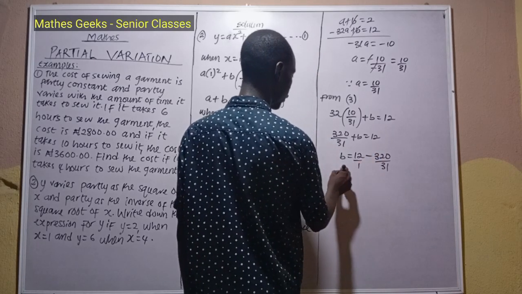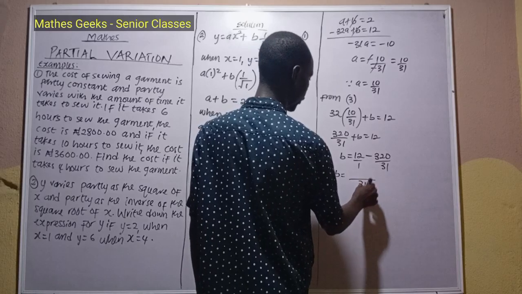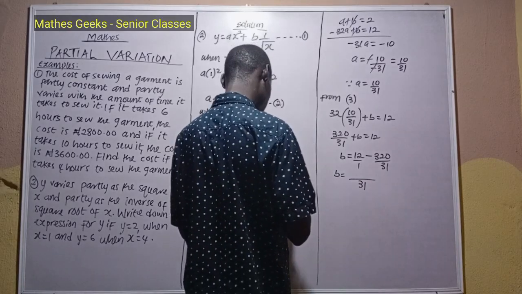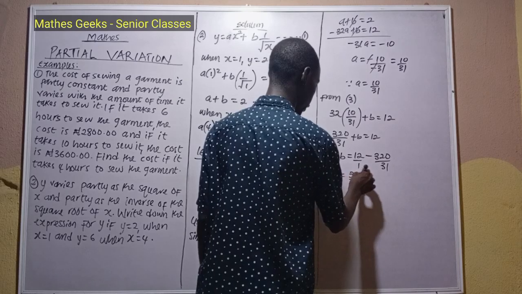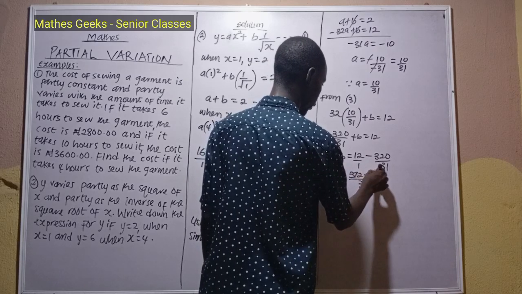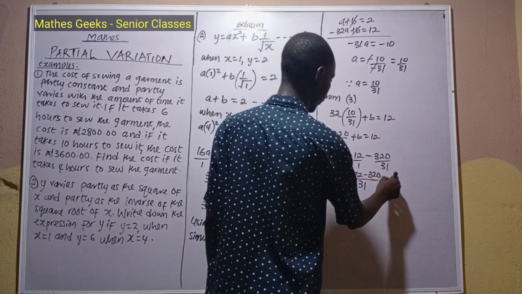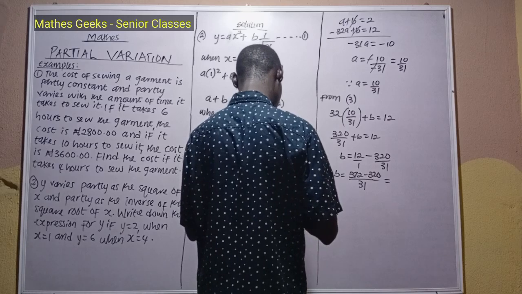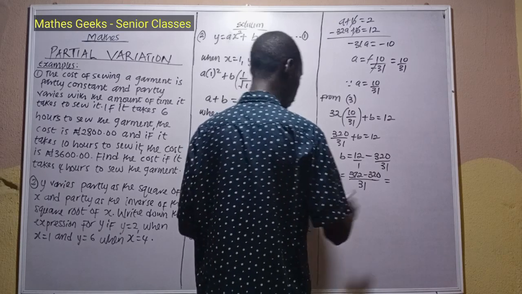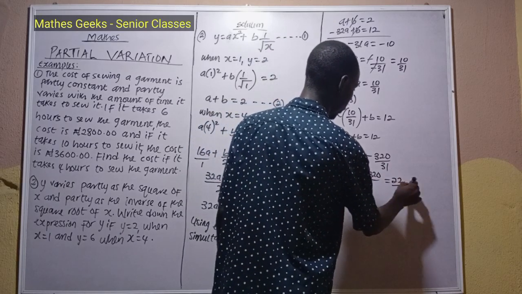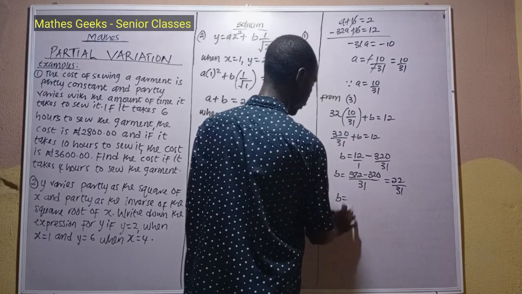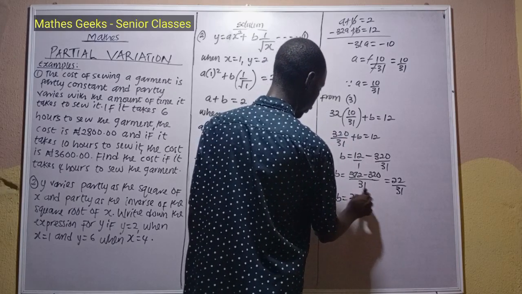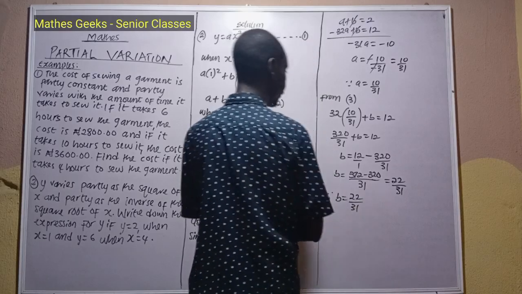The LCM is 31, so 372 minus 320, this is 52 over 31. Therefore b is equal to 52 over 31.